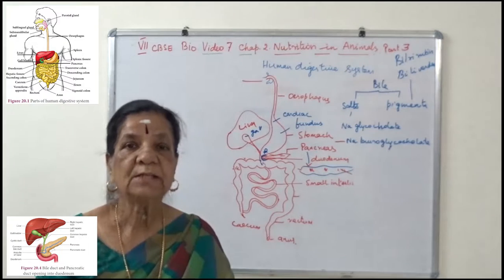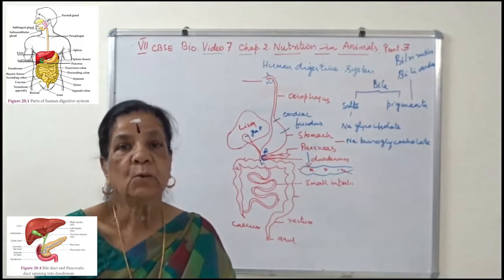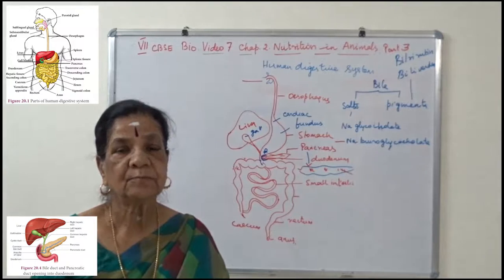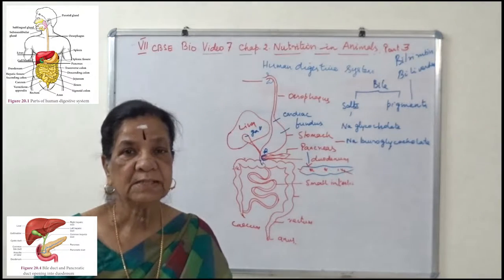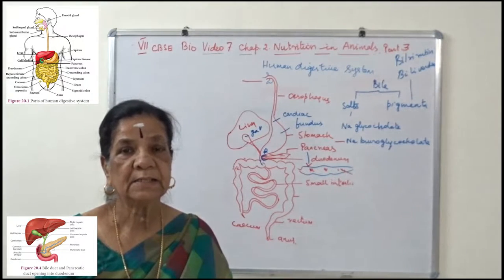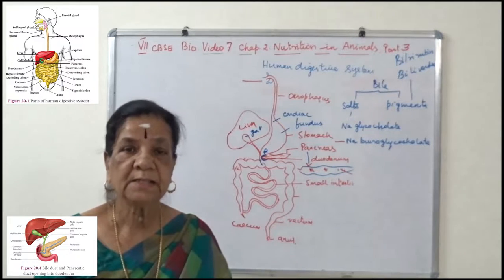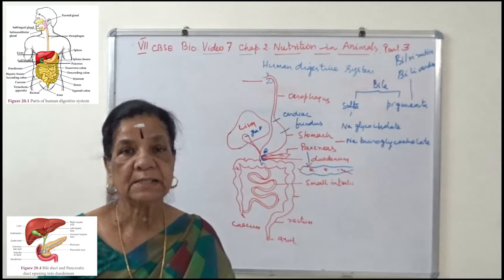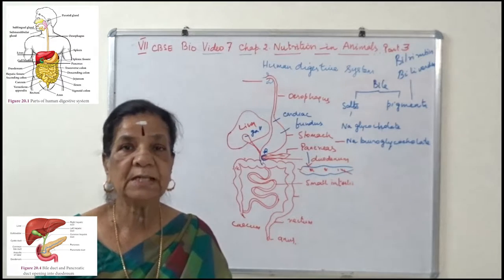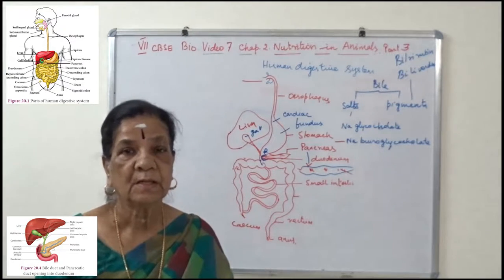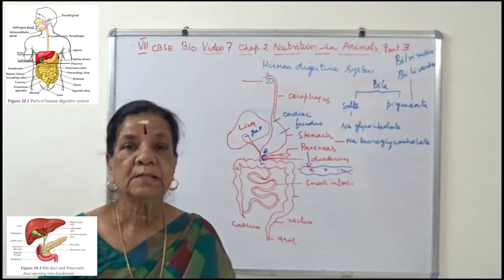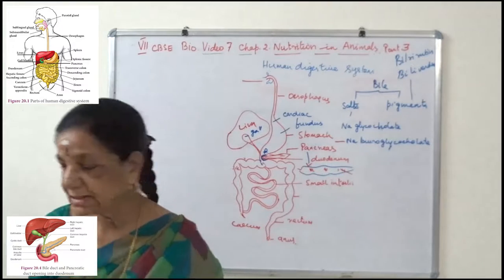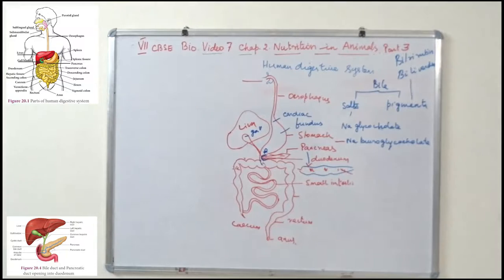That is called the dental formula. What are the types of teeth? Incisors, canines, premolars and molars. Say it again: incisors, canines, premolars and molars. Are you clear?